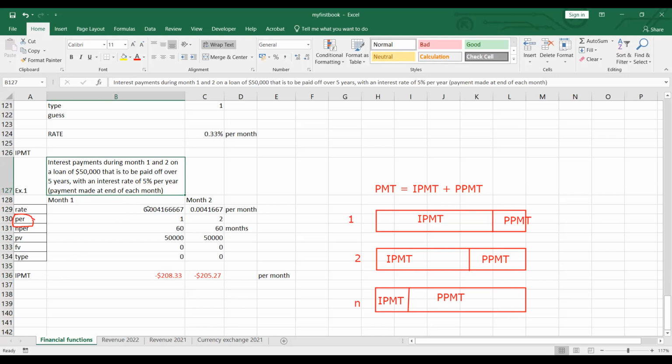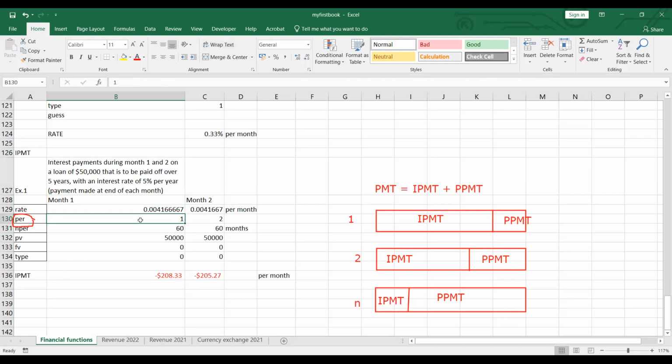After that, during month 1 and month 2, so in this one I said that period or per is 1. Loan of 50,000 means it is PV, or present value, because it is a loan.